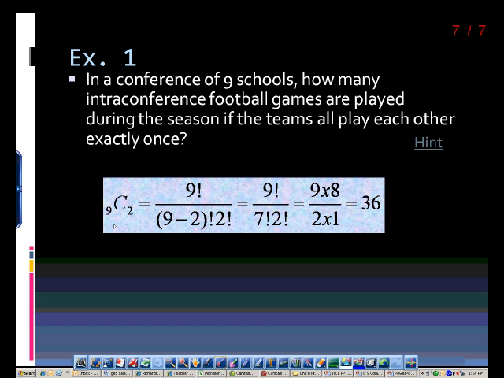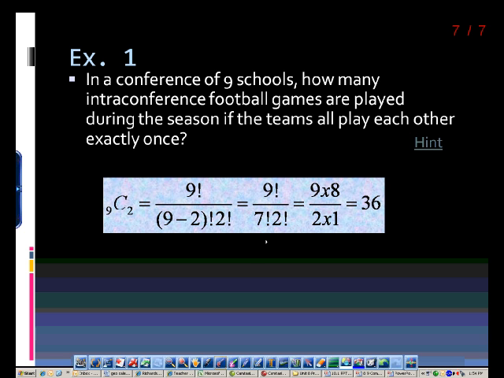All right, this next step right here, what have I done here? Yeah, I've just plugged it into my combinations formula. 9 factorial over 9 minus 2 factorial times 2 factorial. All right? The next step, I have just simplified 9 minus 2 factorial as 7 factorial.